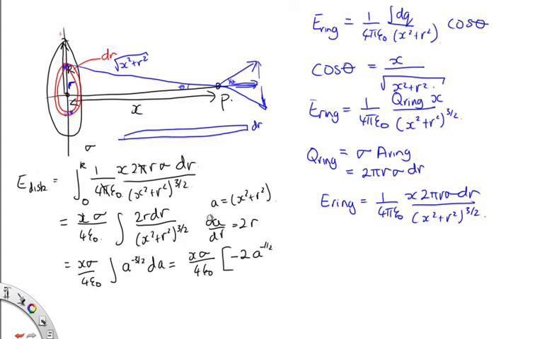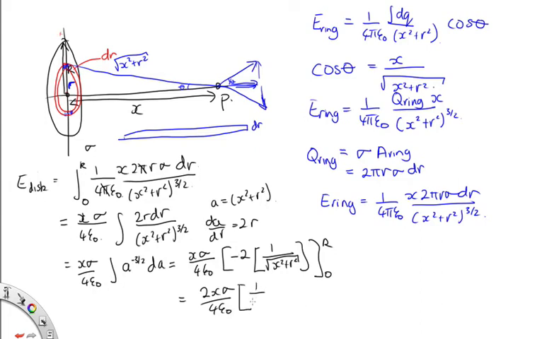Instead of writing a there, let's write r x squared plus r squared because we haven't changed our limit, so it's easier. So we've got 1 over the square root of x squared plus r squared, and this is from 0 to r. So substituting in, we've got 2x sigma over 4 epsilon naught. Now to take into account this negative, let's do this one.